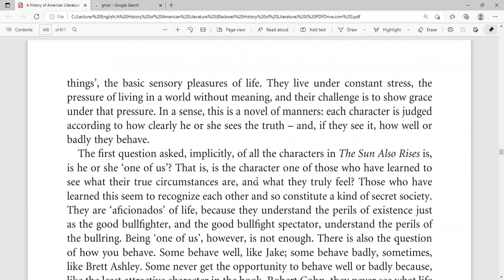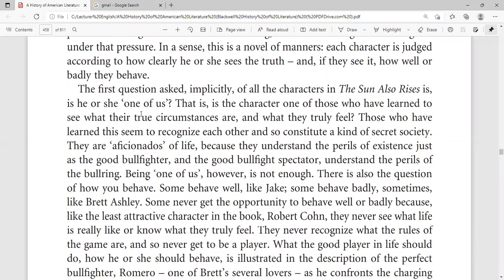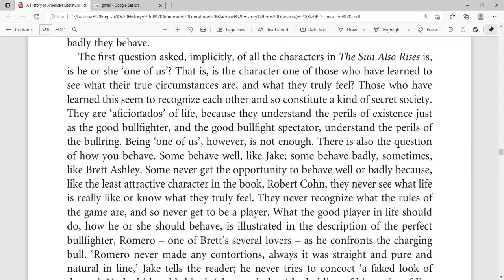These characters live under constant stress, the pressure of living in a world without meaning, and their challenge is to show grace under that pressure. The first question the character asks is, is he or she one of us? Estrangement is felt.